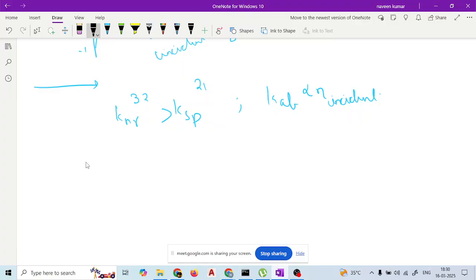K absorption needs to be larger than k spontaneous in order to make sure the ratio is greater than 1, so that to have a good population inversion we populate more molecules into the higher level than the lower one. This is the basic phenomenon of how we populate the higher energy levels.